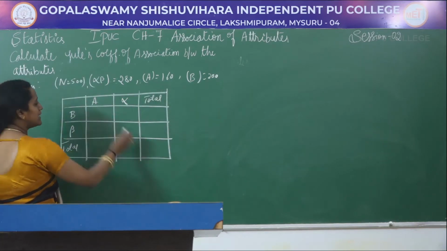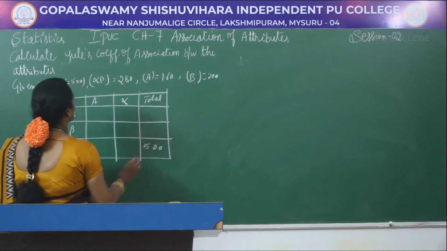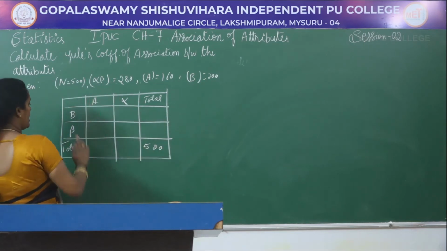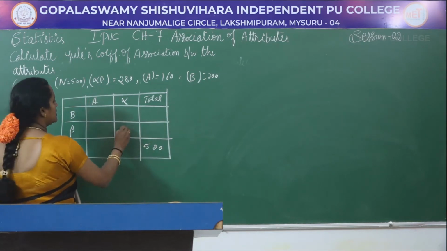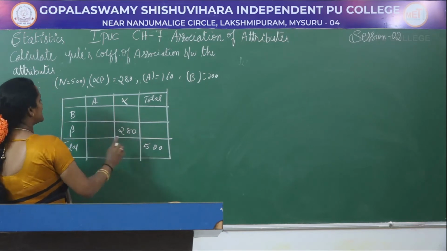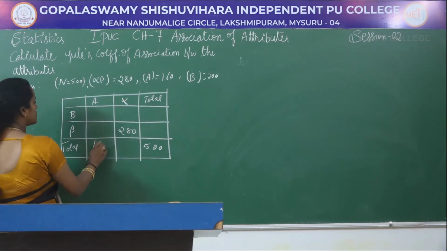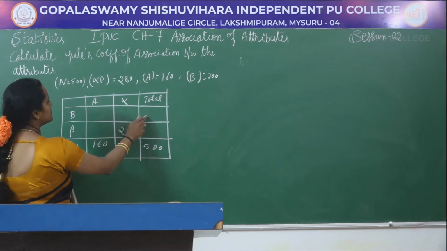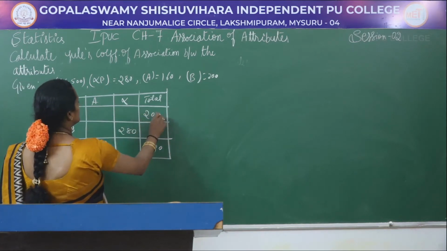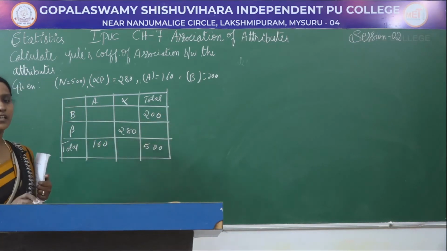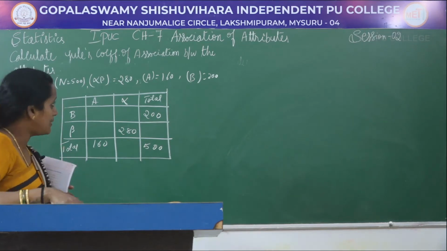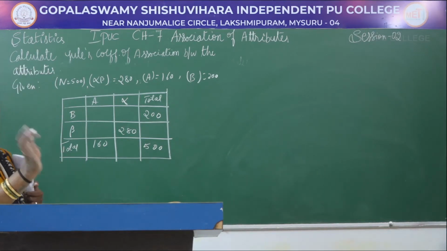So here total n is 500, alpha beta is 280, total of A is 160, total of B is 200. This much they have given.